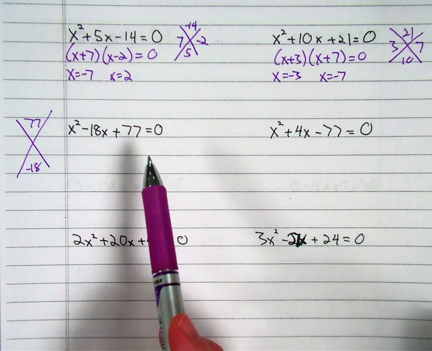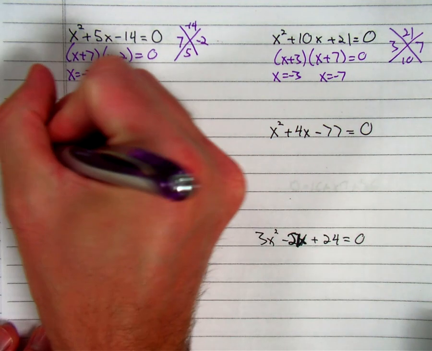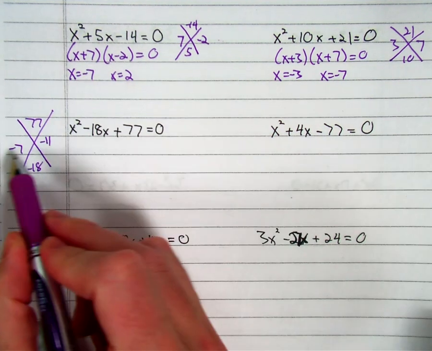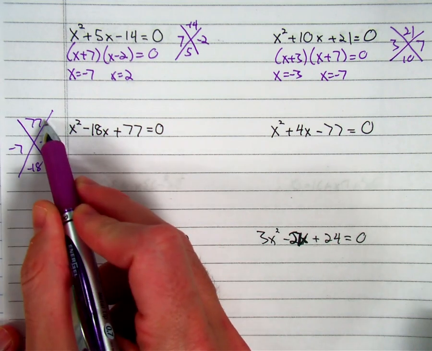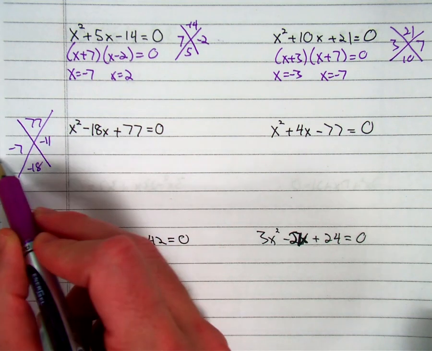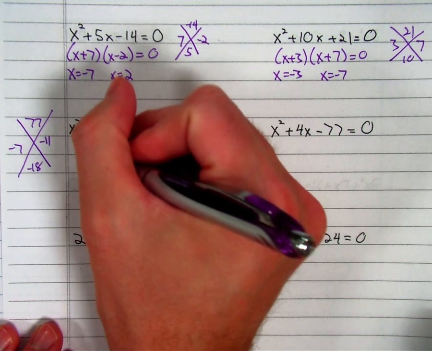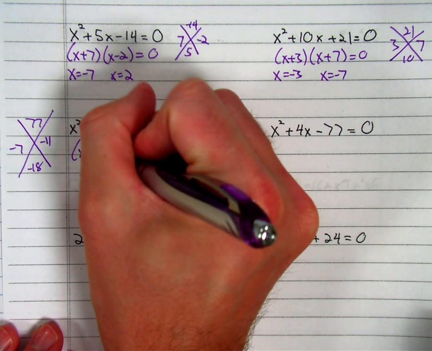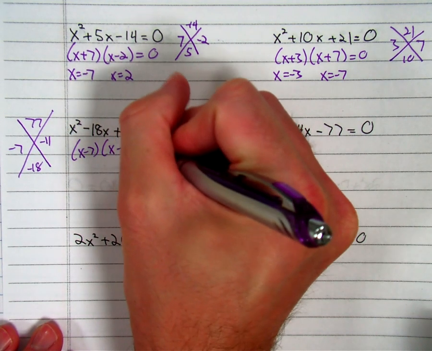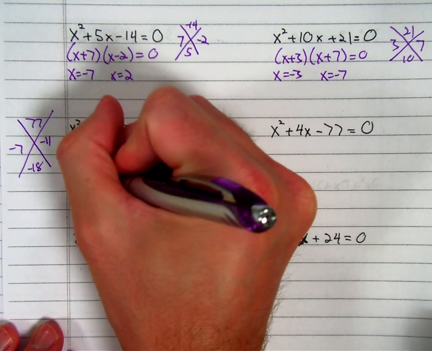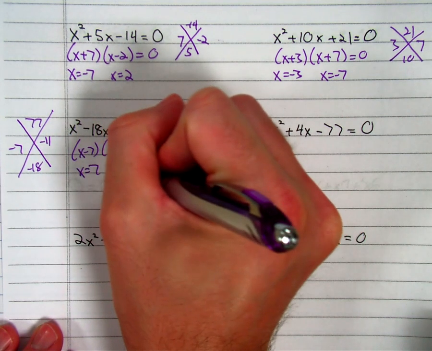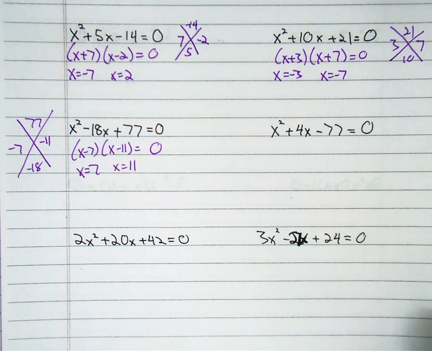How about negative 7 and negative 11? That would still multiply to be positive 77, and now that adds to negative 18. And we get answers of 7 and 11.